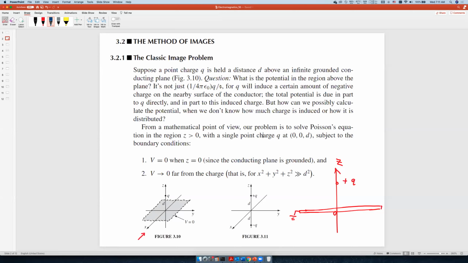Now let's see another situation. If we draw the electric field lines, what you might see is something like that.